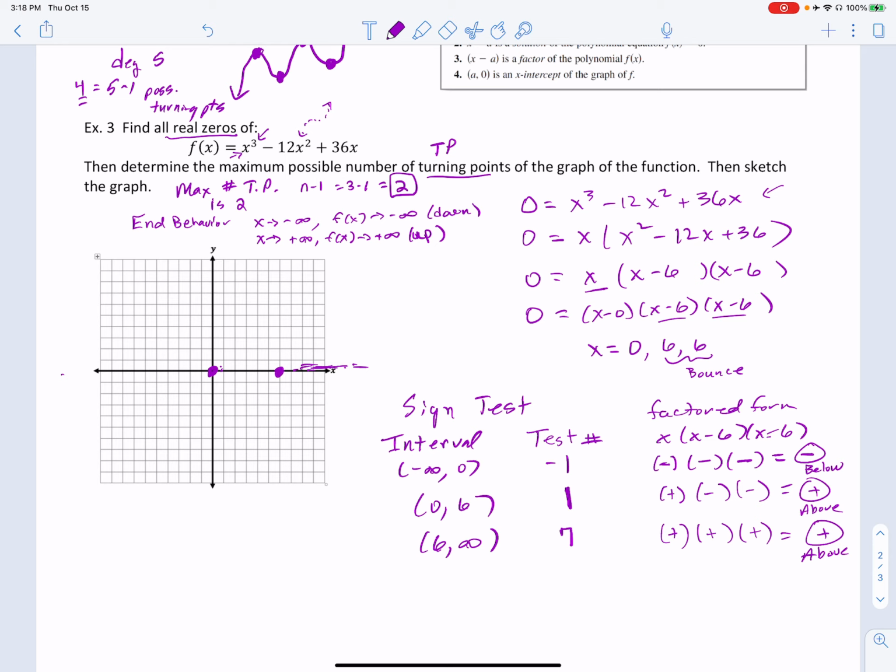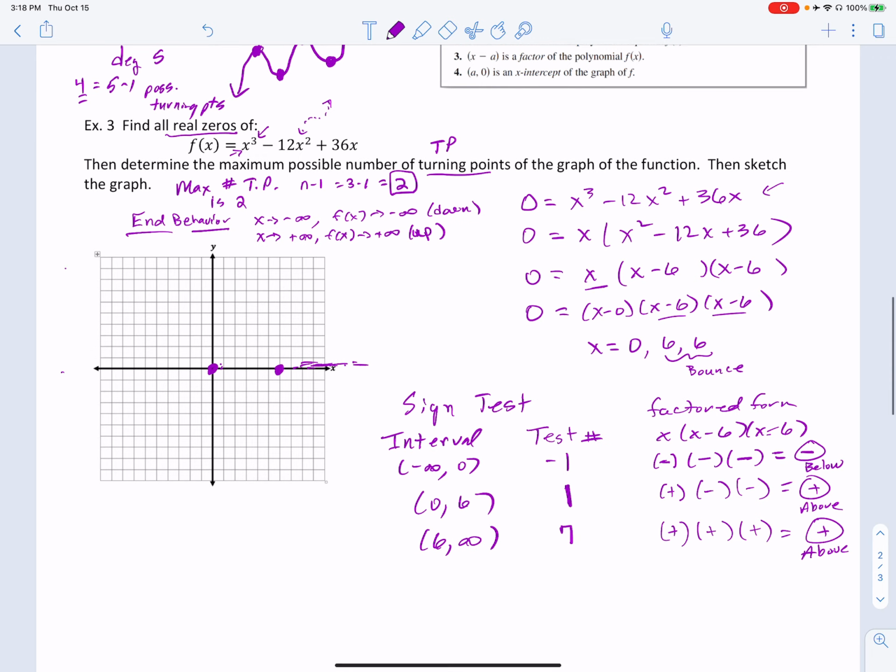And so the idea is I'm going to think about end behavior. It starts down and ends up because it's an x cubed with a positive coefficient. And I've got my zeros. And so I just need this to be looking like a polynomial, a smooth, continuous curve that starts negative, comes up.